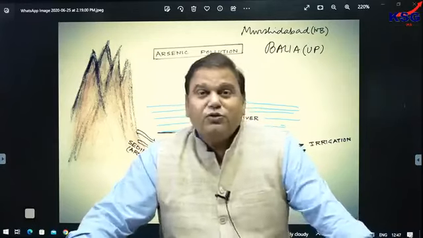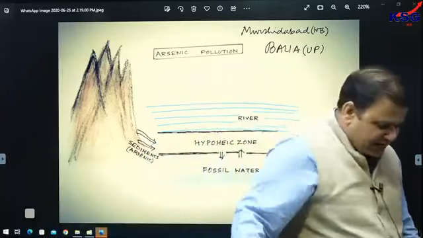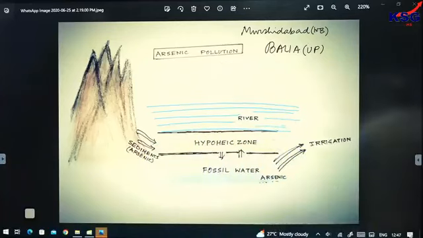The main source of arsenic in this area is the Himalayas.